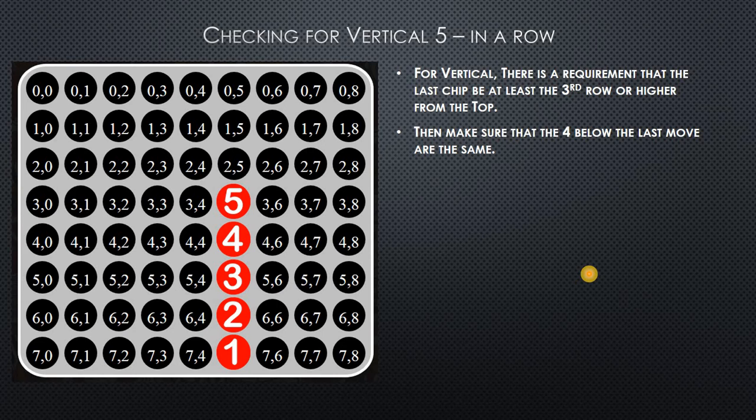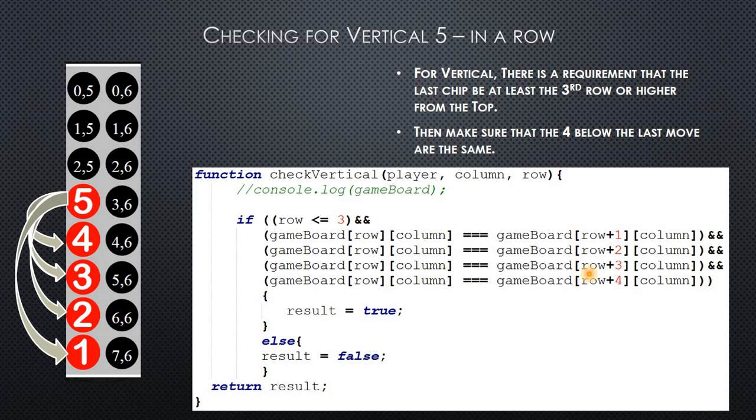So here we had to look at how far up in the column they are, so we're looking at the row, and whether the row is less than or equal to 3, because the array starts from the top down.